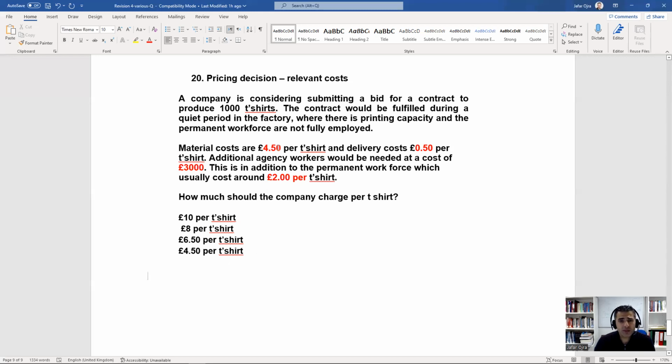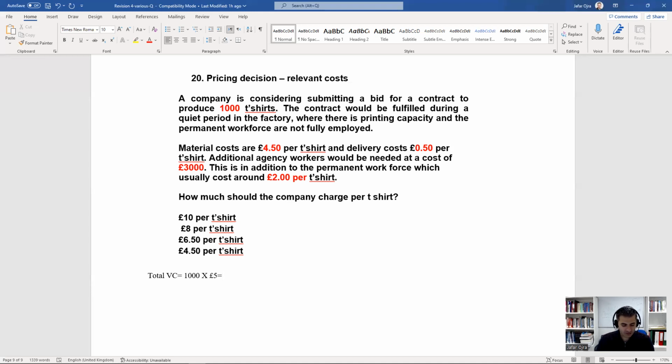So now think about it. We have 1,000 units. The total variable cost equals 1,000 multiplied by £5, including the material cost per unit and the delivery cost per unit.